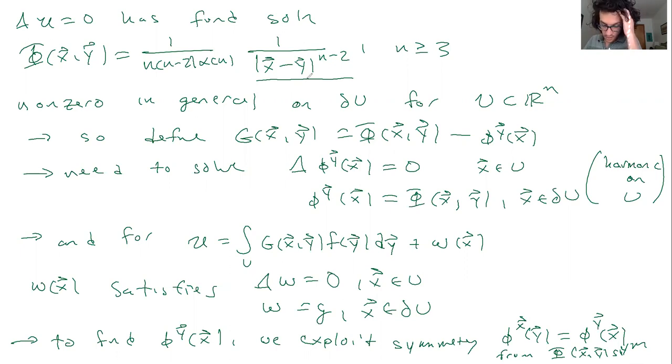This term here is going to involve an epsilon to the n minus 1, whereas this is a 1 over epsilon to the n minus 2.